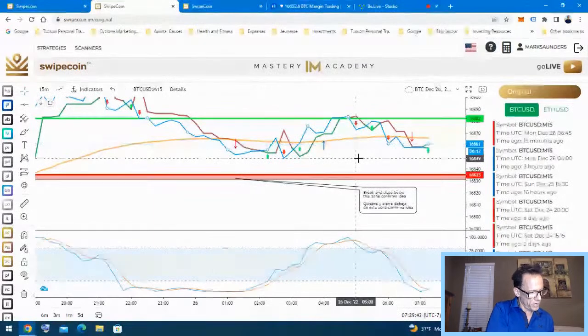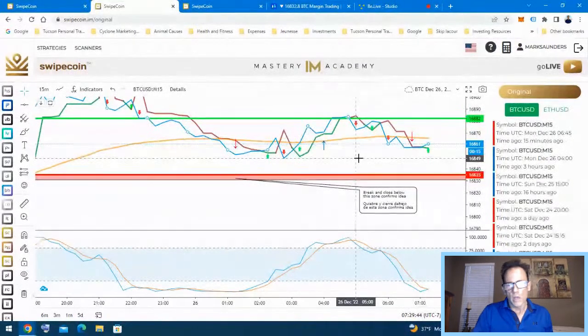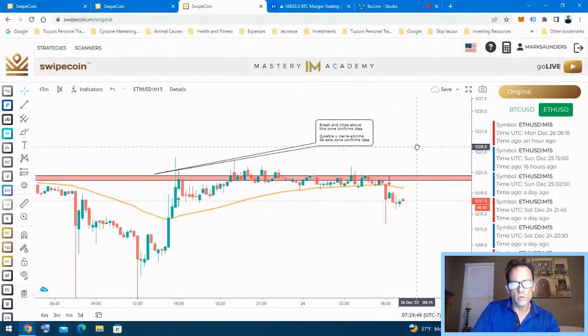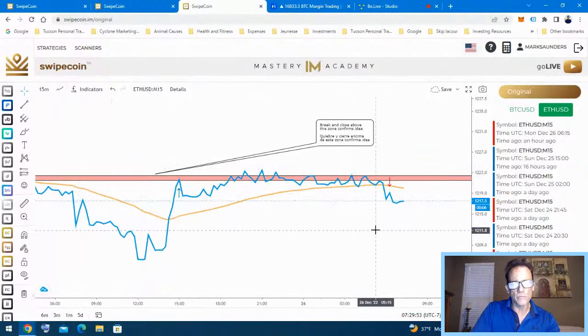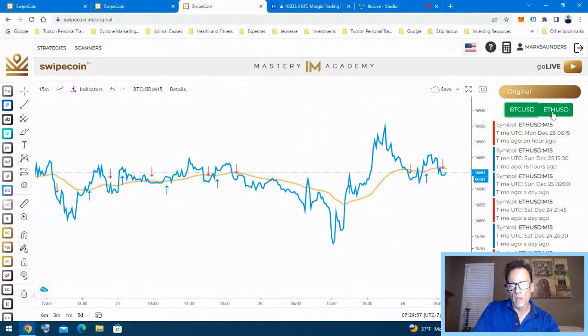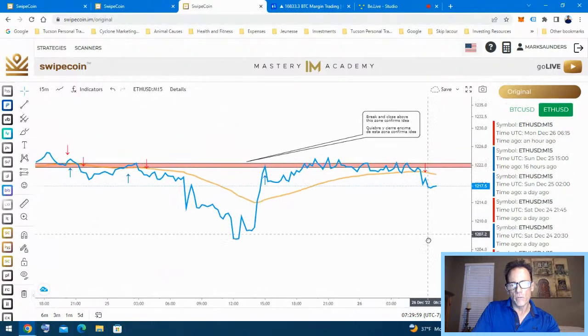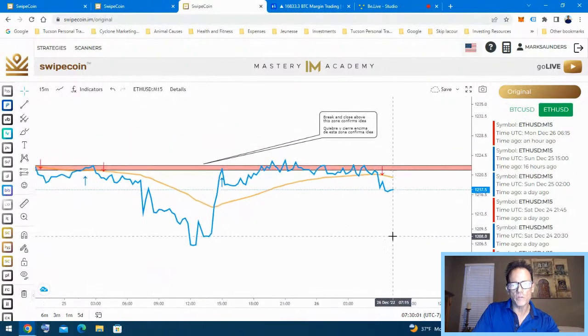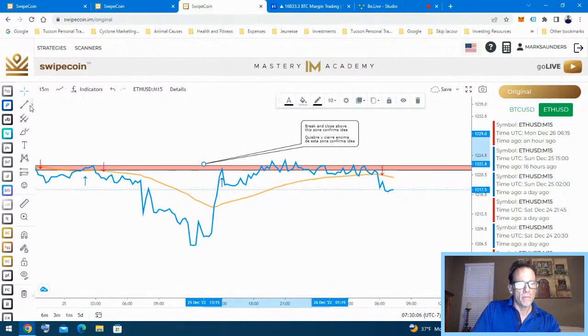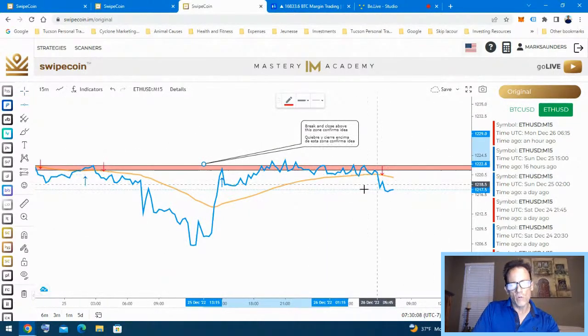My volume was good. All right, now let's go to Ethereum real quick. Switch to a line chart. It's calling for a break and close above. In my journey right now, I'm trading Bitcoin first and then Ethereum, because a lot of times Ethereum will follow the Bitcoin price right now.